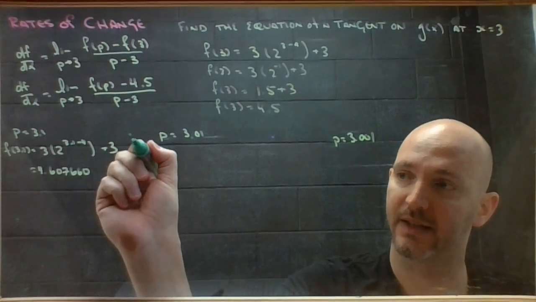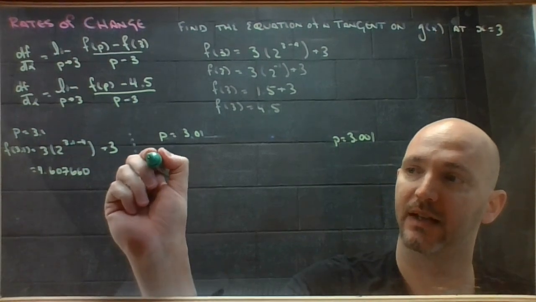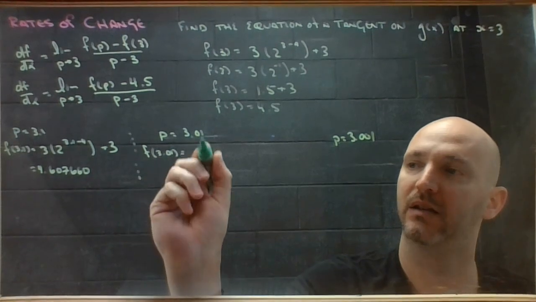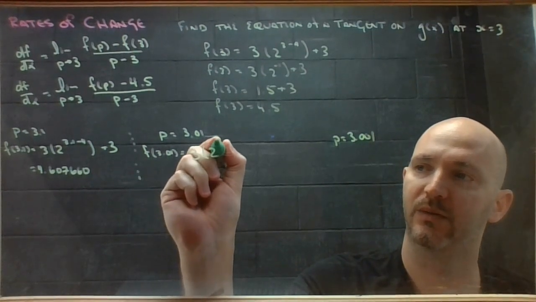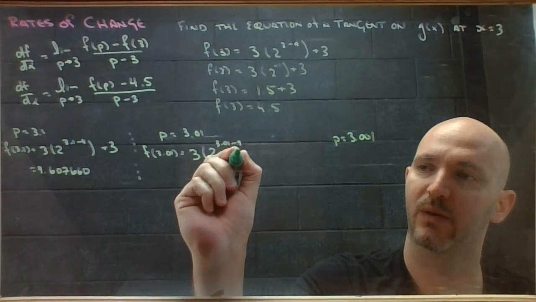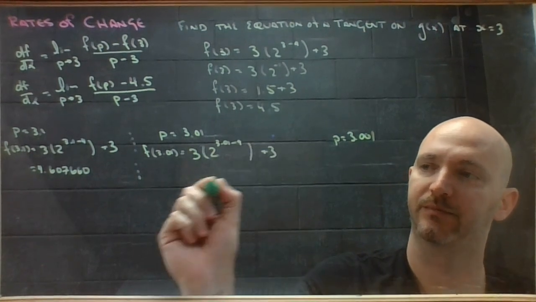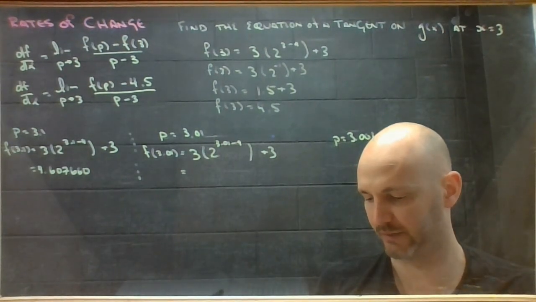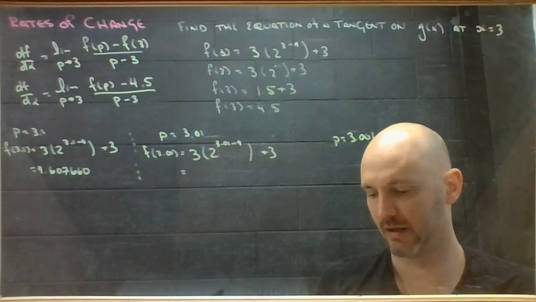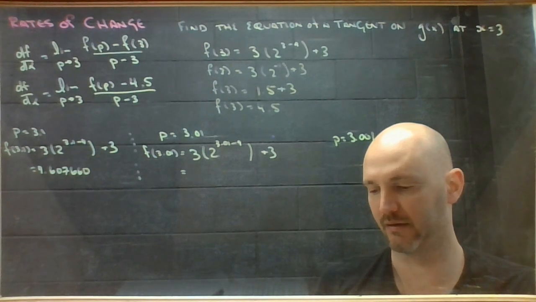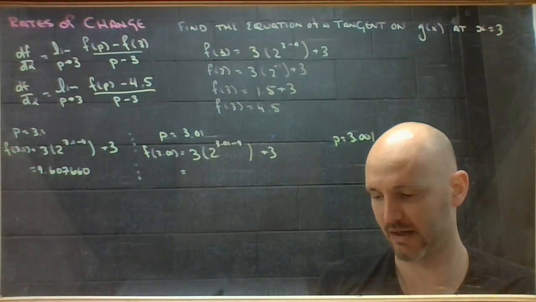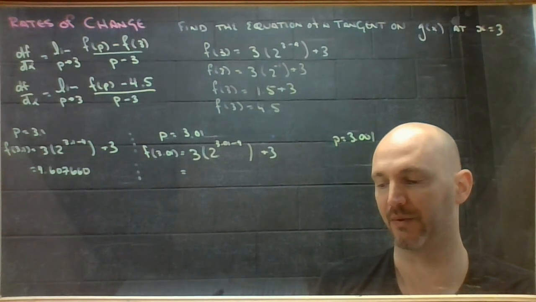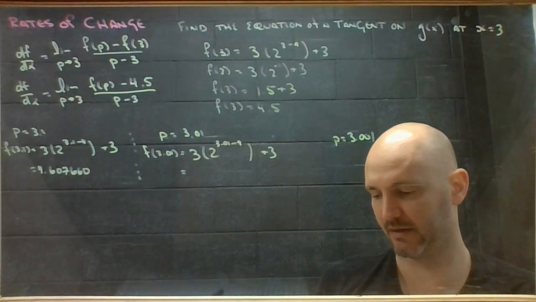Okay, now that's done, I need to evaluate this thing at 3.01. So the function at 3.01 would be 3 times 2 to the 3.01 subtract 4 plus 3. 3.01 subtract 4 is negative 0.99. 2 to that exponent gives me 0.503477775.